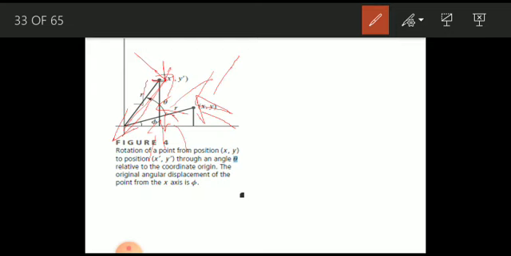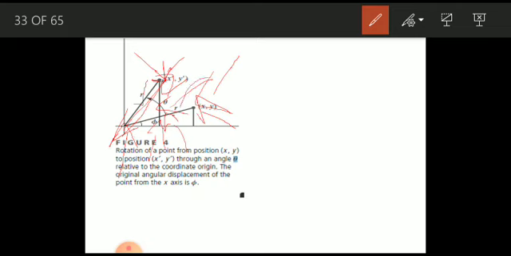Now there is a point defined with the values x comma y, and that point has to be moved to a position x dash comma y dash with an angular rotation of theta. The point makes its original angle with the x-axis as phi. The distance between the coordinate origin and the rotated point is termed as r.